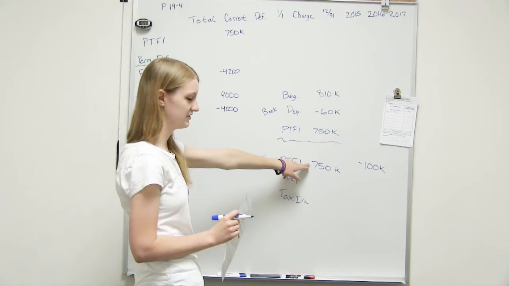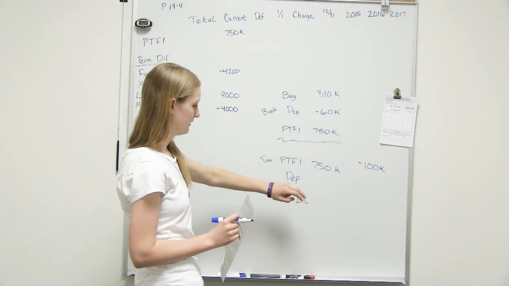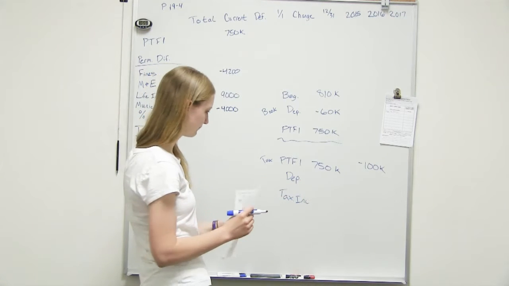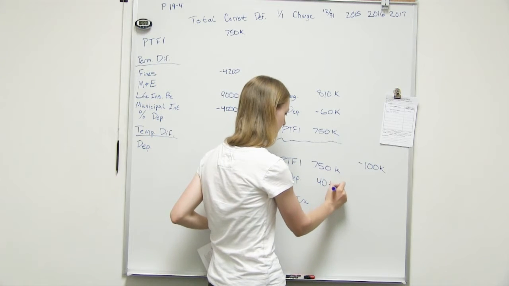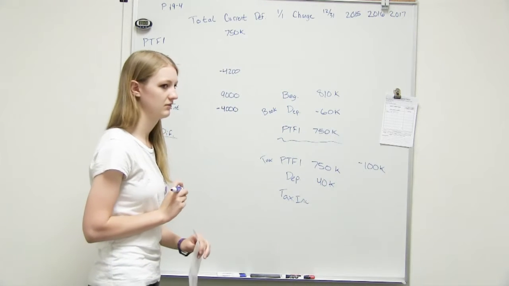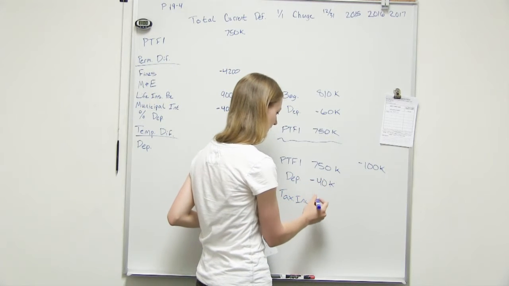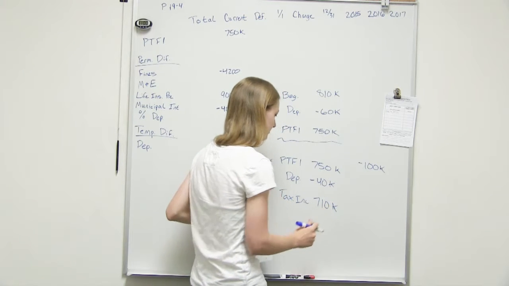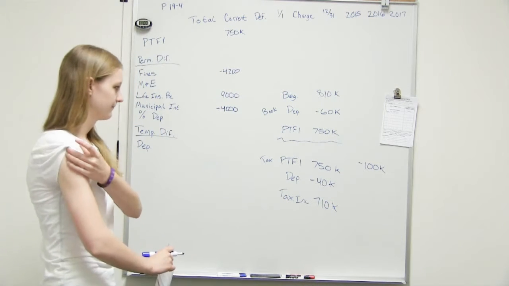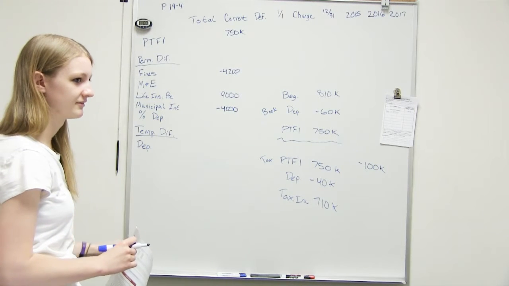So 60,000 of that is already in our 750. And so we are gonna have a 40,000 here, but is it gonna be positive or negative? Negative. Which will give us a taxable income of 710,000. So does that make sense, kind of what's going on?